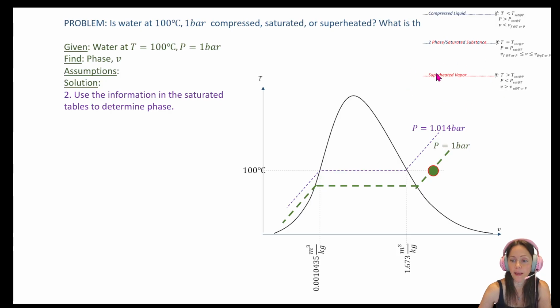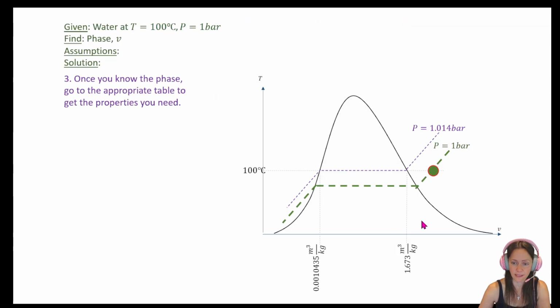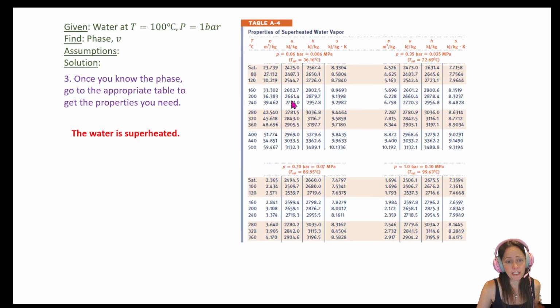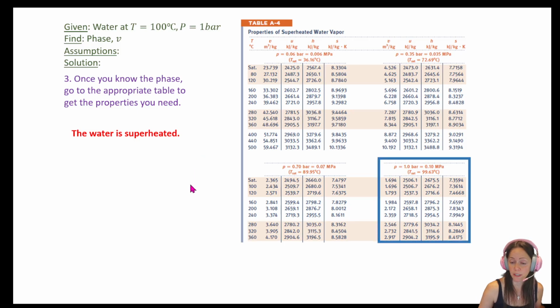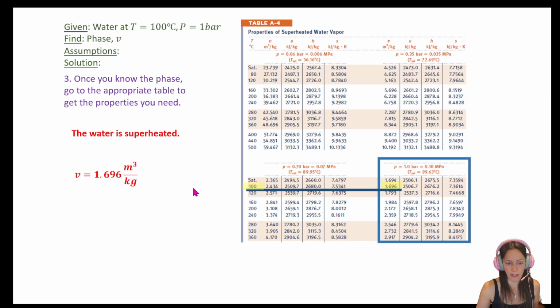So that would tell me that it's a superheated vapor. It's on the right-hand side of that vapor dome. And so now I just need to go to my superheated tables. At 1 bar, 100 degrees Celsius, I'm going to go to the box corresponding to 1 bar and just read off the value there.